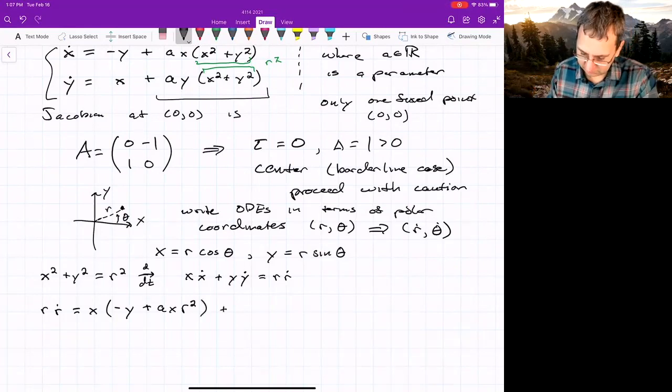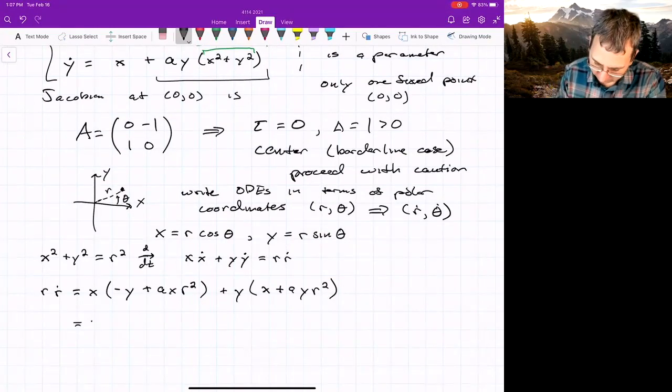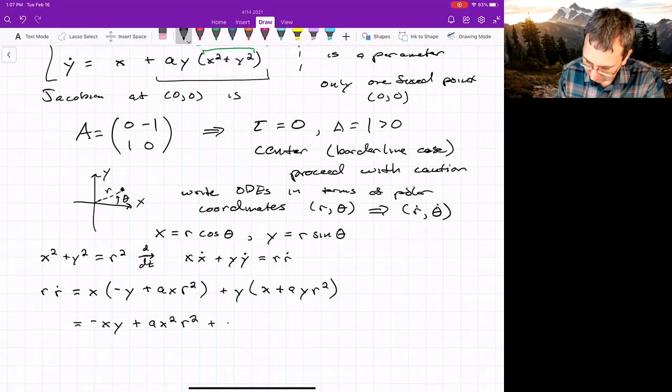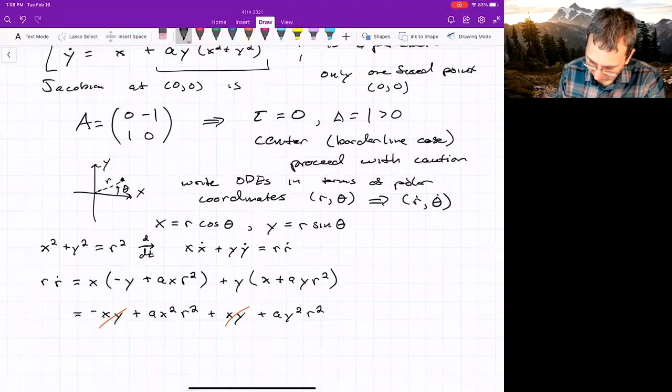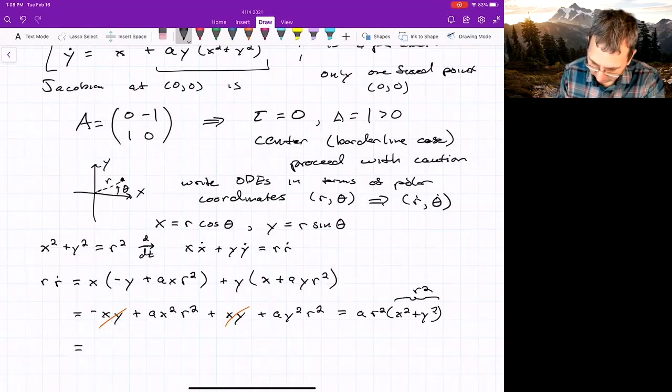So I've got that plus y times y dot, which is x plus a y r squared. And then expanding out more, what do I get? I'll get negative xy plus a x squared r squared plus xy plus a y squared r squared. These terms cancel out, and I'm left with a r squared times x squared plus y squared. But oh, now I've picked up another r squared. What do you know? a r to the 4th.